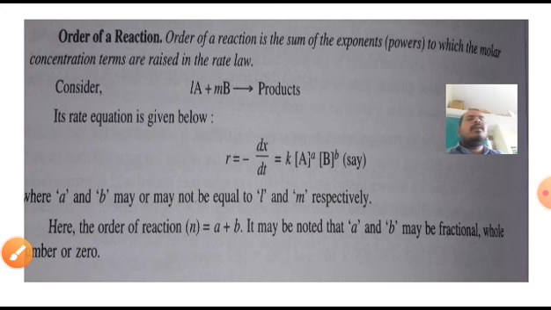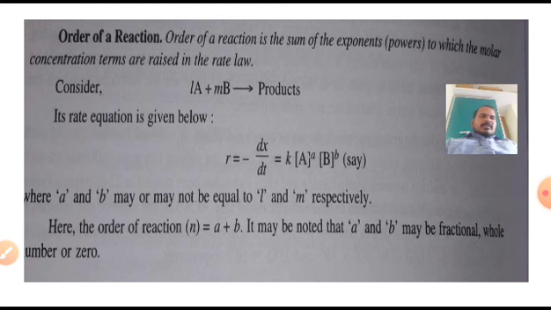Next one, order of a reaction. Already we have discussed this one. When we write a rate law, the addition of powers of concentrations of the reactants in the rate law is called the order of a reaction.